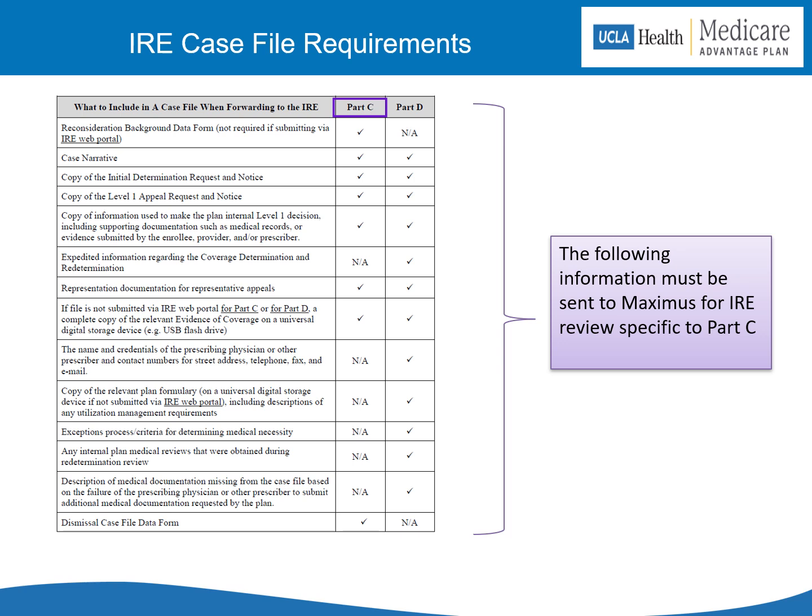We need to send a copy of the notices. Also, everything that we used for the appeal, including our letter of determination or denial or partial denial letter, needs to be submitted to the IRE for review. There are differences, and this is again taken directly from the manual for Part C, and all this information is required to build that package to send to Maximus.